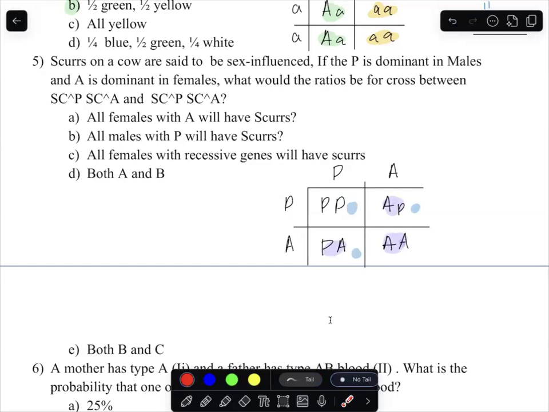So all the females with an A will have scurs. So that, no, because A is absent, P is present. So all males with P will have scurs. Yes, because P is present, all the males will have scurs. That's true.